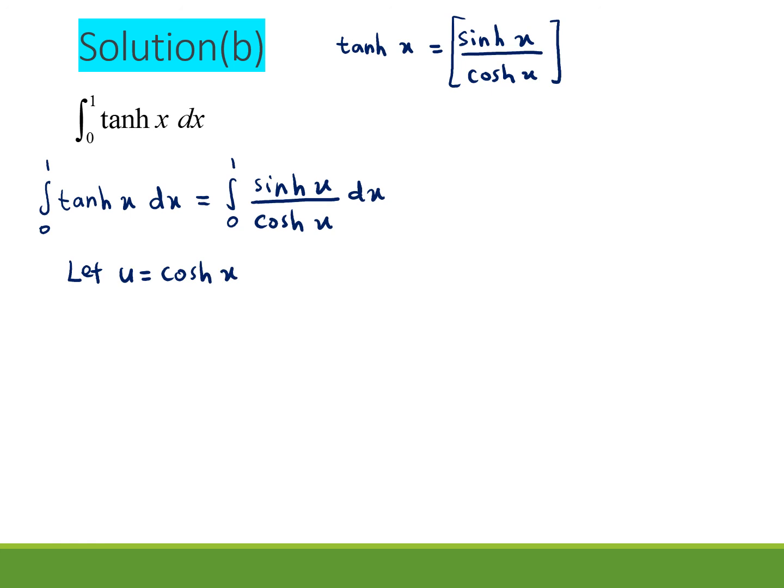So if we find the derivative of u, du over dx will be sine hyperbolic of x. So now our integration is fully in terms of u, because this is represented as u, and sine hyperbolic of x dx is now represented as du.